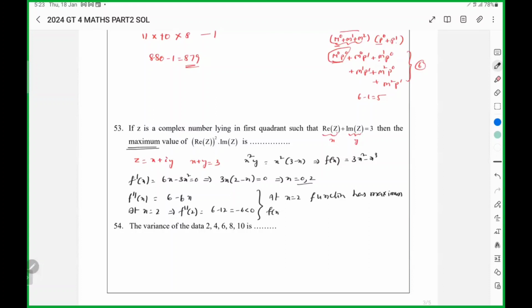So function is 4 into 3 minus 2. Maximum value is 4.